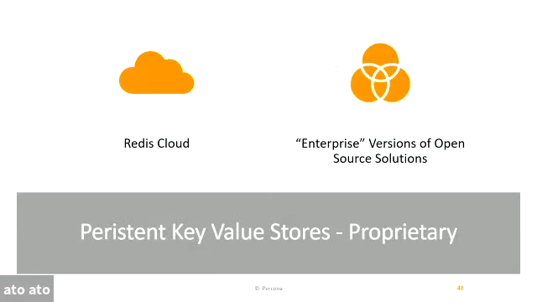I think here you can also look at either Redis Cloud or some enterprise versions of open source solutions, which do have support for persistence in a key value data store.